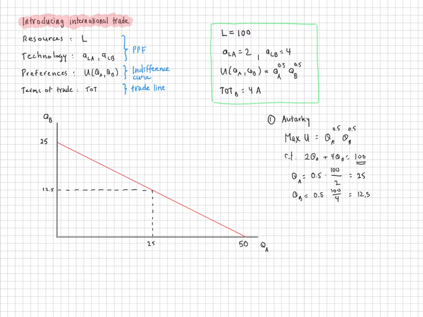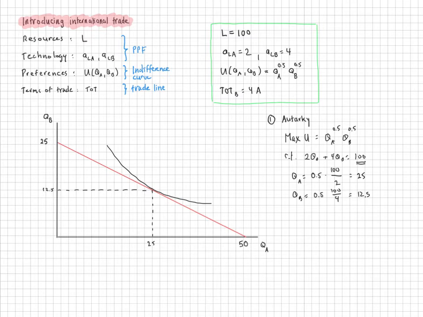And if I just traced in an indifference curve, the indifference curve would look something like this. But what I'm going to do now is introduce trade. So we have another country, and because of that other country there is an international price. The country is different from the first one, and the international price is 4A for every B.